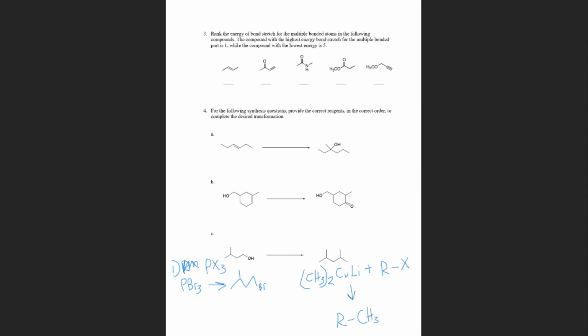And then after that, we can use the copper lithium, creating this. However, at this point, we've run out of our alcohol, right? So this reaction chain does still work, but we're 1 carbon short.